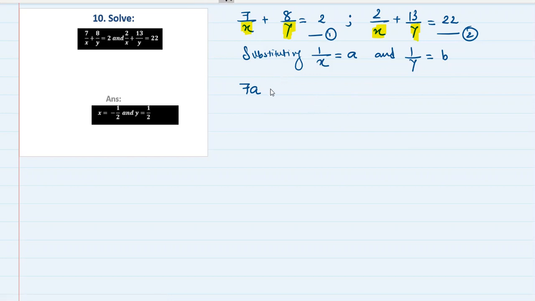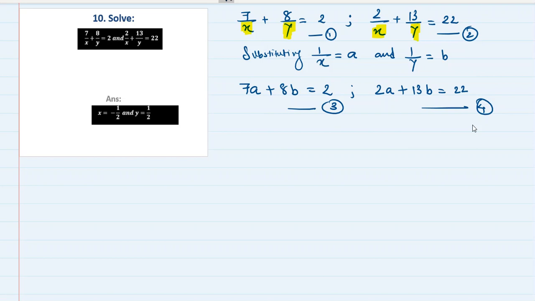Correct? 7a plus 8b is equal to 2, and 2a plus 13b is equal to 22. This is equation number 3, and this is equation number 4. So we have got our new equations which are simpler and more straightforward for us to solve.